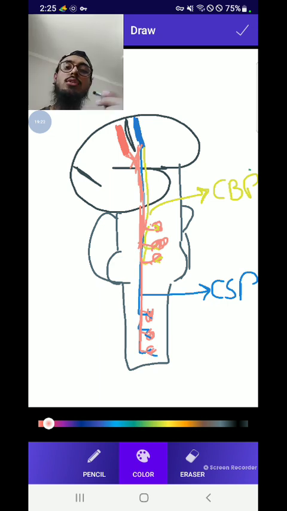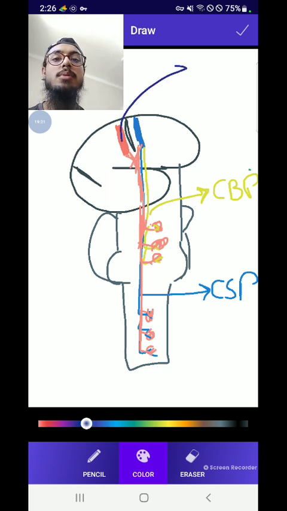Now you must know what percentage it participates. This primary somatosensory cortex participates in the motor pathways by 40%.